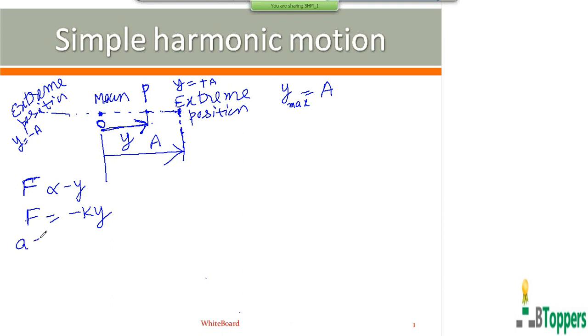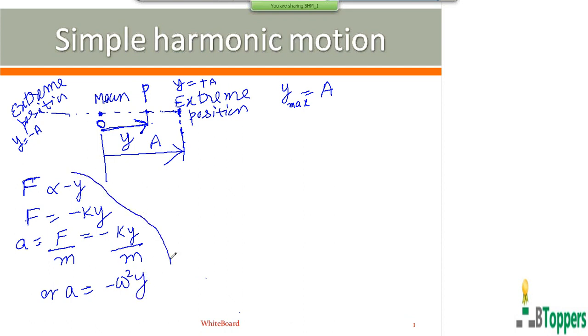The instantaneous acceleration of the particle is equal to instantaneous value of external force by mass, right, minus ky by m, or this can be written as a equal to minus omega square into y, where omega square equal to k by m. Omega square is the constant for a given particle performing the system.